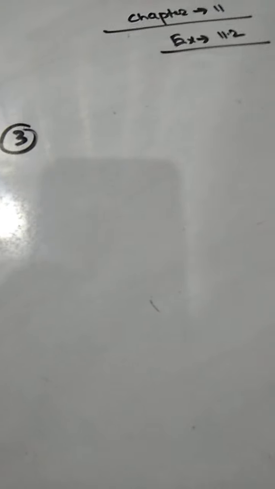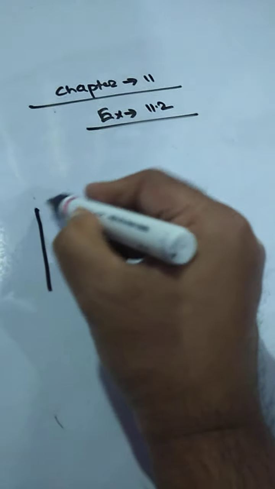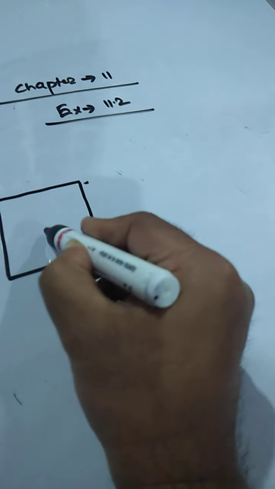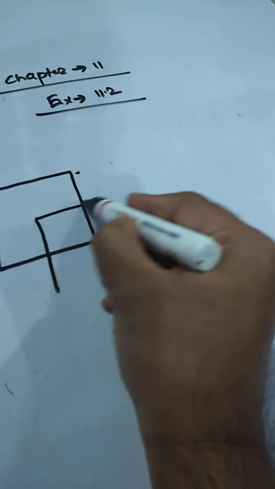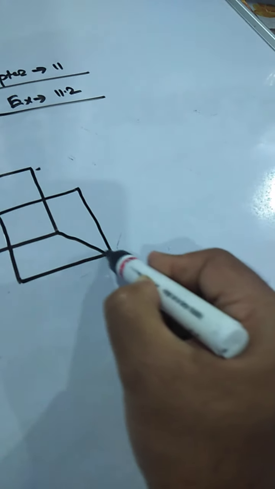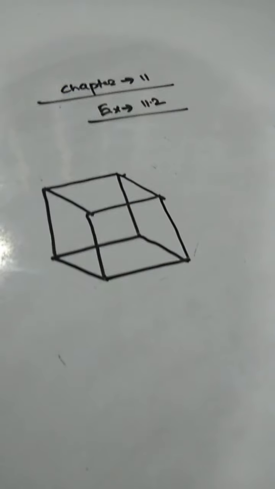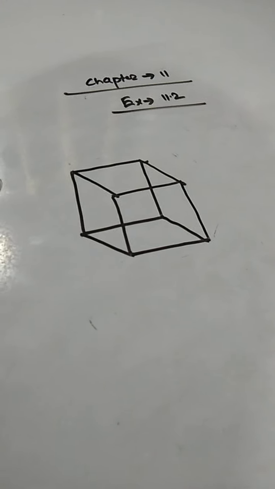In question number 3 we have a cube. So let me draw one cube. This is a cube, students, a wonderful figure. A cube is a 3-dimensional figure.